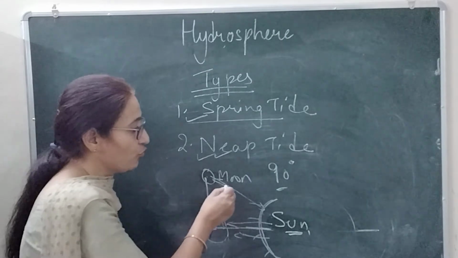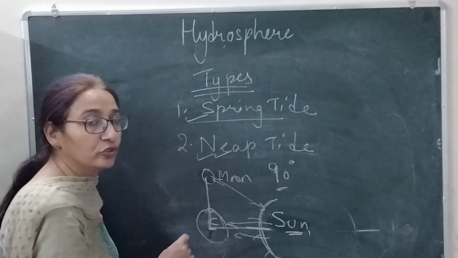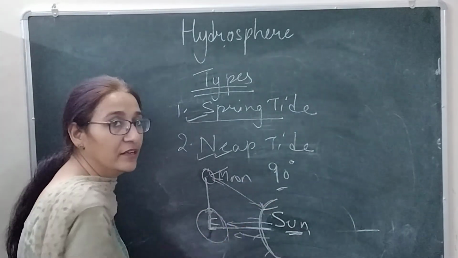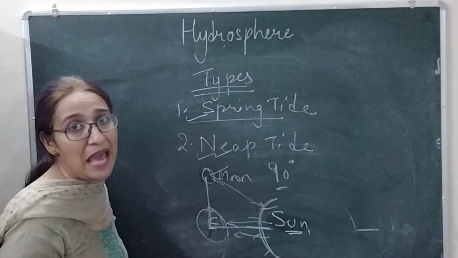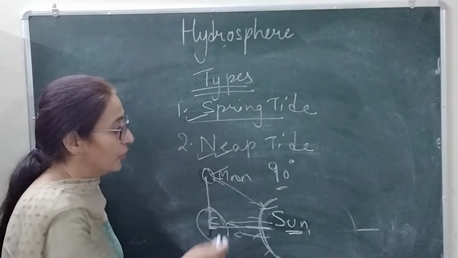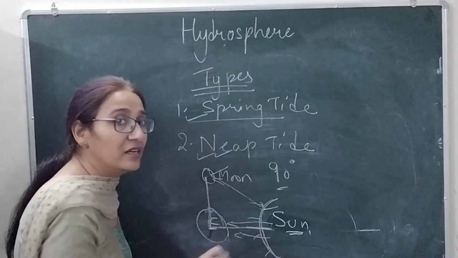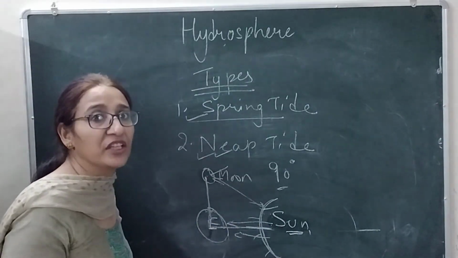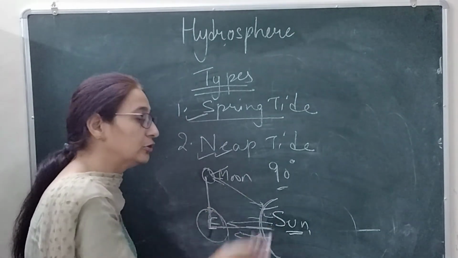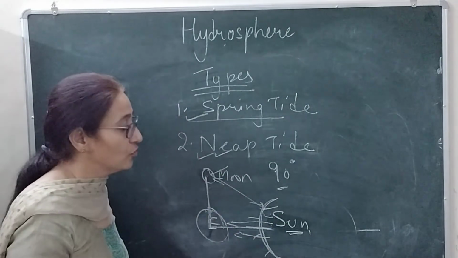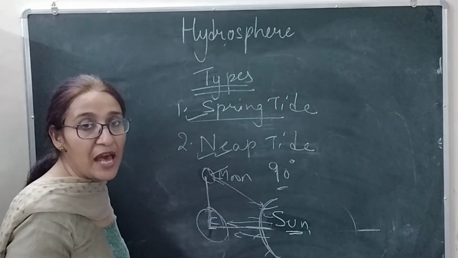So the Moon and Sun also exert gravitational force on each other. In this way, the gravitational force of the Moon and the Sun will be cancelled or counterbalanced. The Sun exerts gravitational force on the Moon, and the Moon also exerts gravitational force on the Sun.